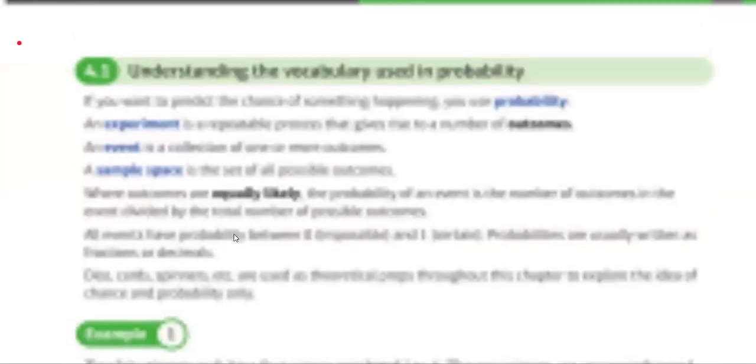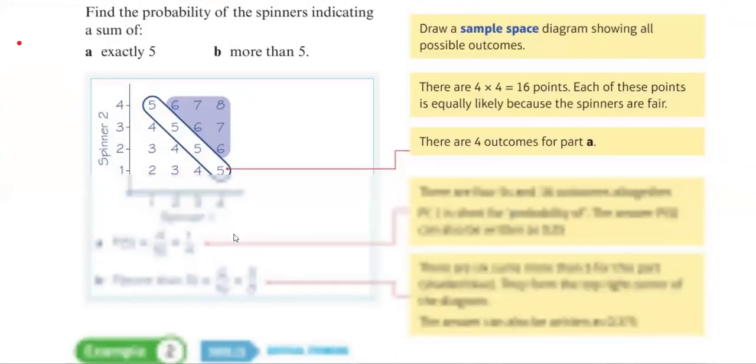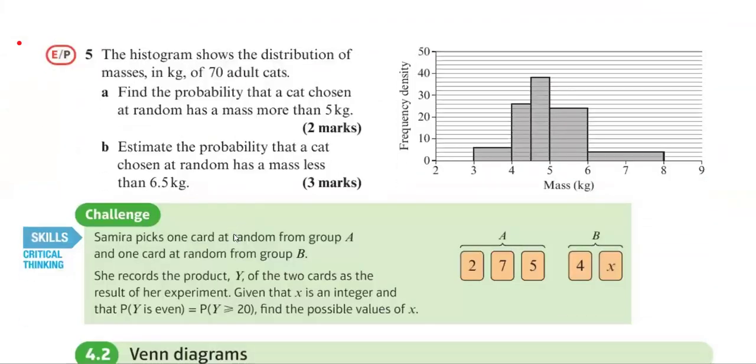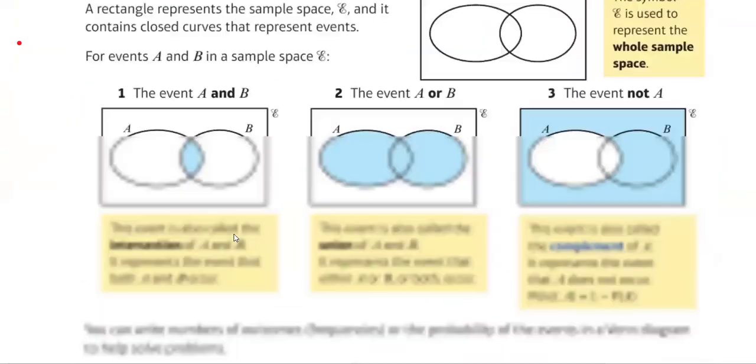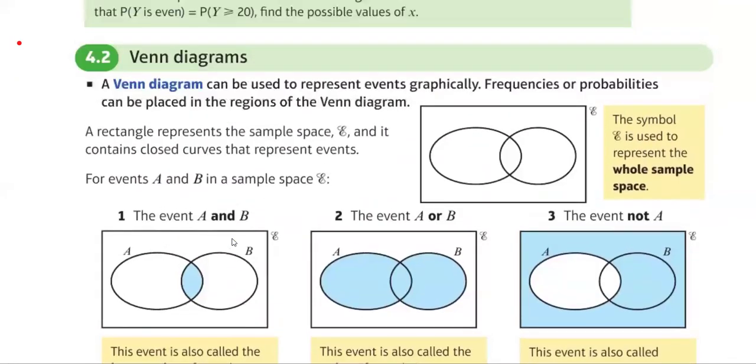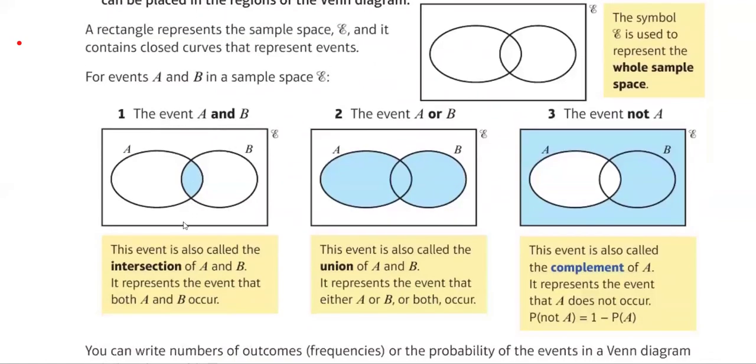Probability, very important, especially Venn diagrams. You have some knowledge now. This one is intersection. Intersection means A and B. This one is union.